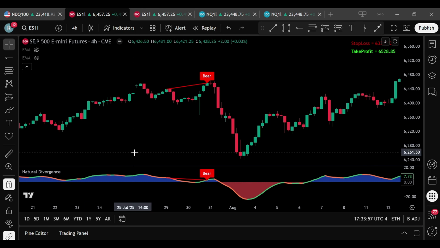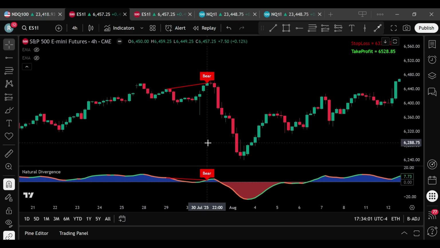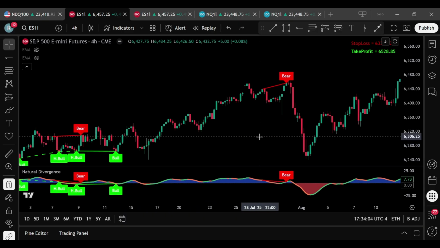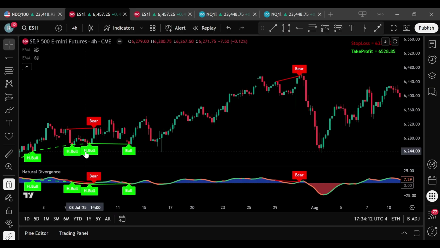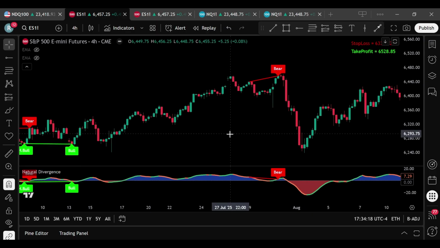As the name implies, it finds both bearish and bullish divergences, and even hidden divergences, both bullish and bearish. As we can see here in this example, the H for both of these represents the hidden divergence.